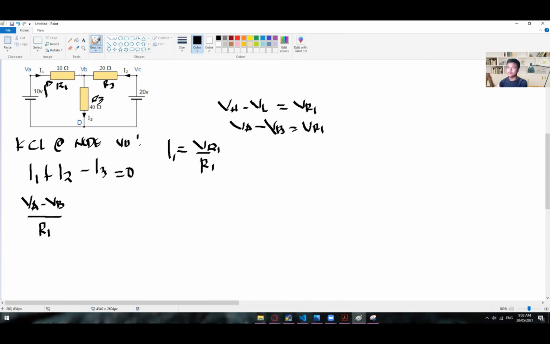So at node VB, the voltage is lower than VA. That is why we have VA minus VB, which is equal to our VR1. This one came from here, and if you substitute this VR1 right here, you will get VA minus VB divided by R1, which is now the same as this one.